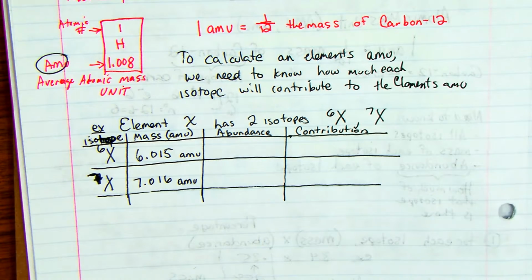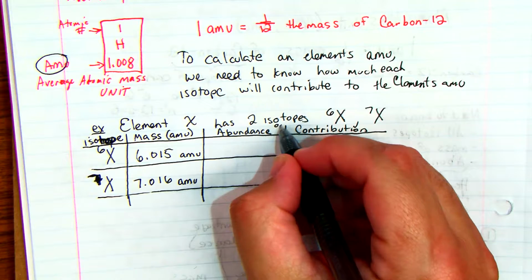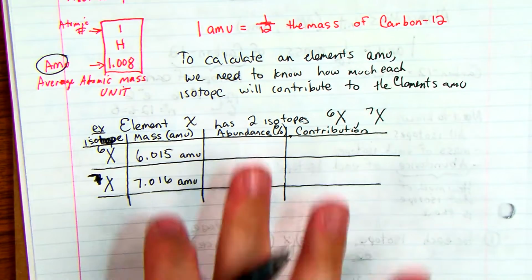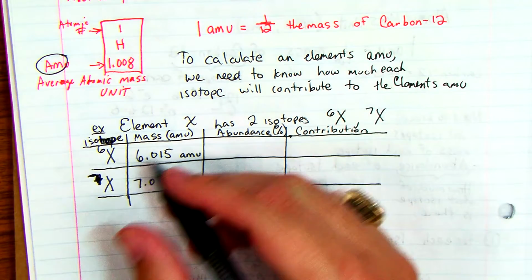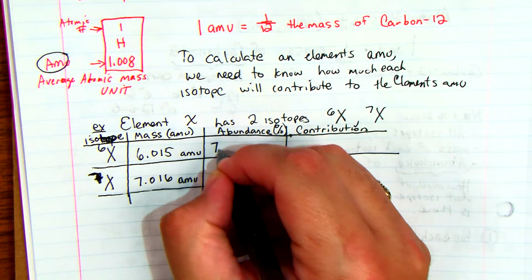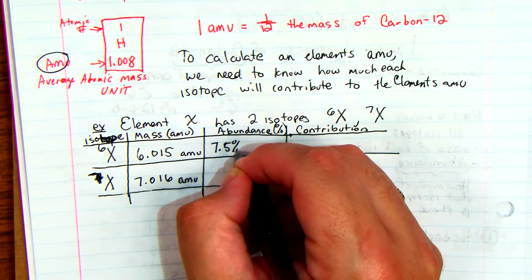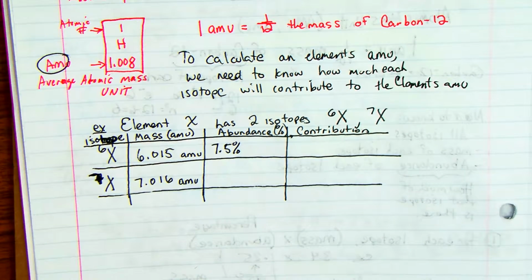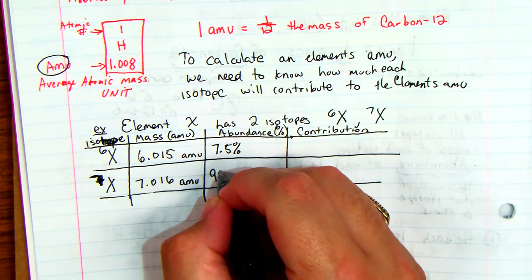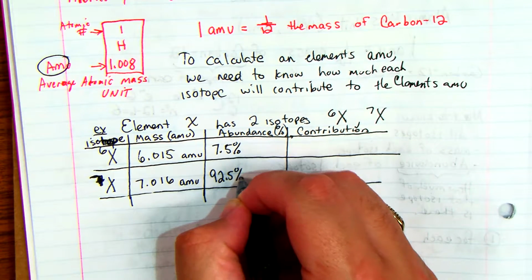For abundance, which is a big part of this, this is going to be how much in a percentage. So this is going to be in a percent. How much does this take up out of the whole thing? We're going to say that this takes up 7.5% of element X. And the other one takes up 92.5% of element X.